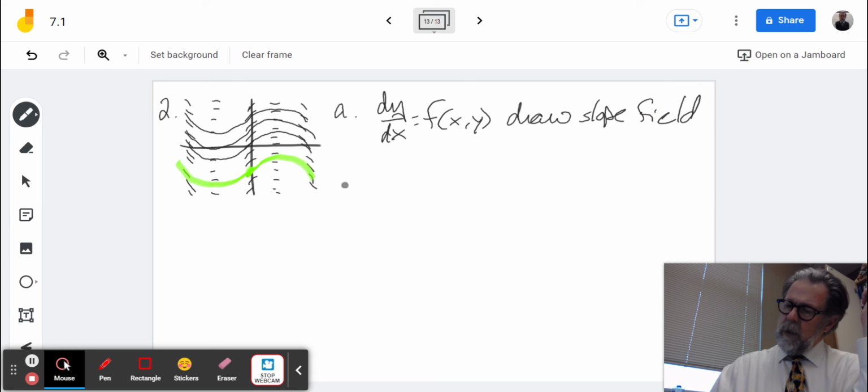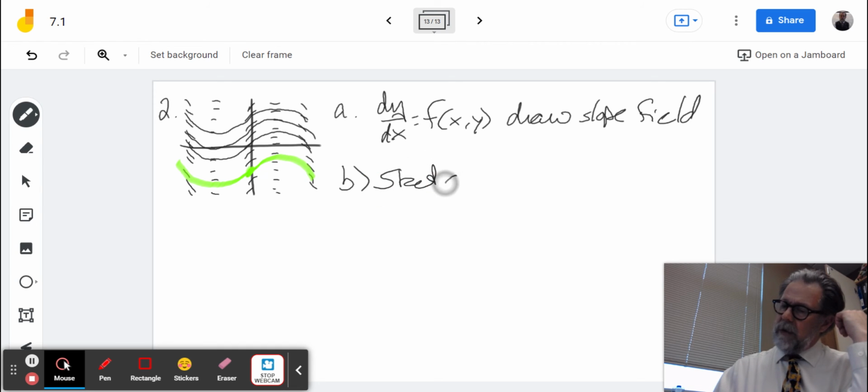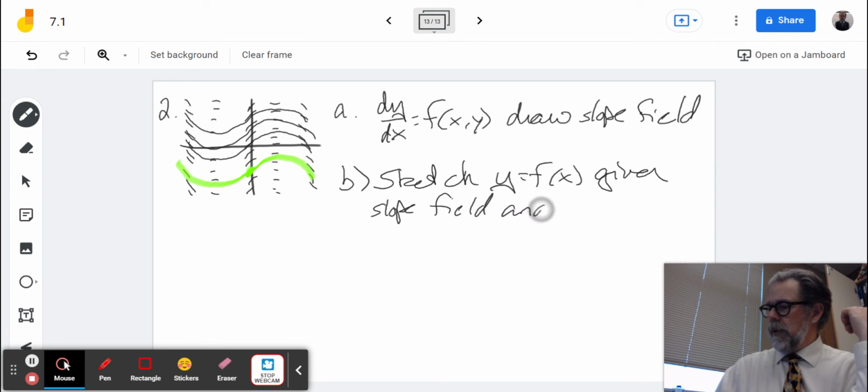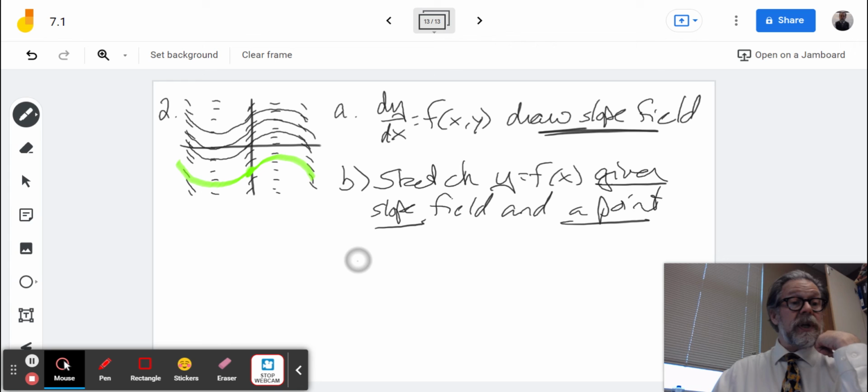The second thing that we did was we said, well, let's draw the graph of y equals f of x given a slope field and an initial condition, or a point. And remember, given a slope field could also mean that you drew it in the previous problem, and then since you had a point, you were able to sketch in the actual function.